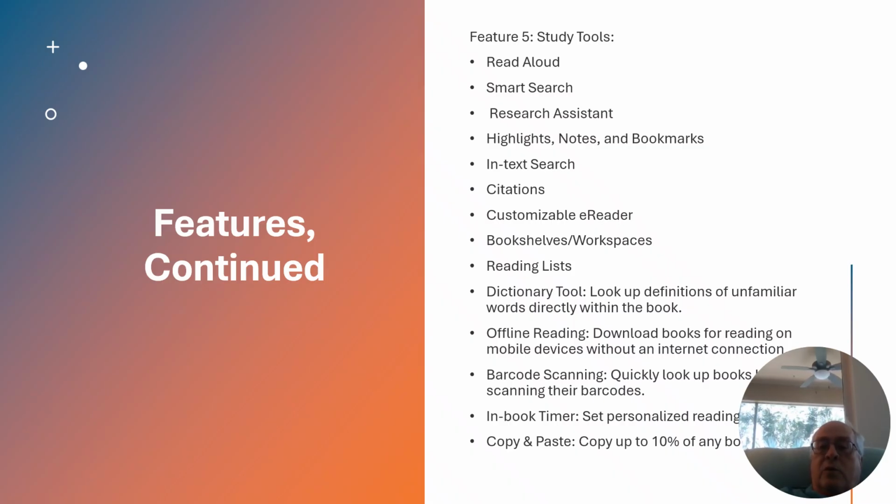The Smart Search tool is a research assistant that can help users find relevant work and specific passages by posing a question. It's a fabulous feature because, like search, like AI, like everything else, it's all about the prompt.